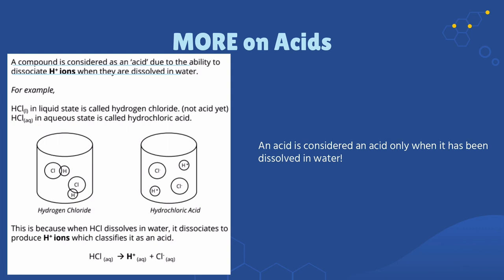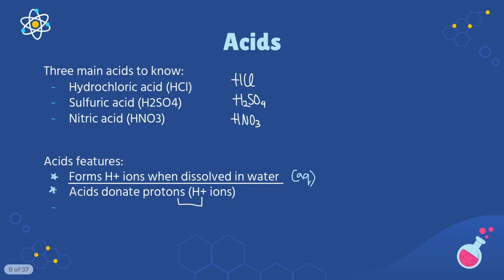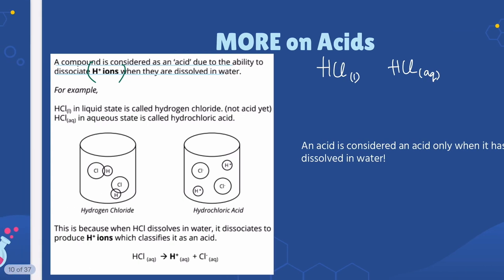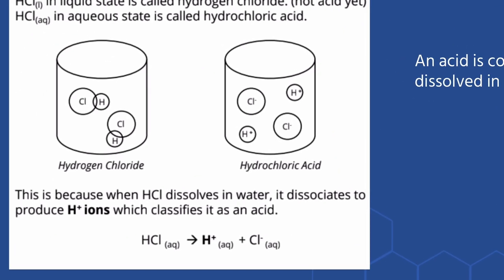More about acids. So a compound is considered an acid because of its ability to dissociate to produce H+ ions when dissolved in water. So we saw that this is a defining feature of acids. So for example, if we have both hydrogen chloride and hydrochloric acid, how do we know the difference? By looking at this diagram, it's much more clear.